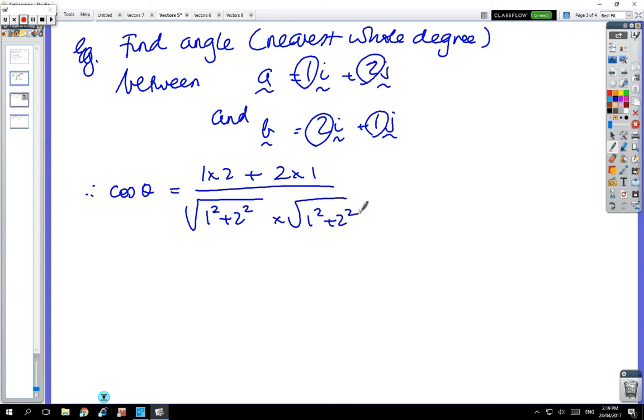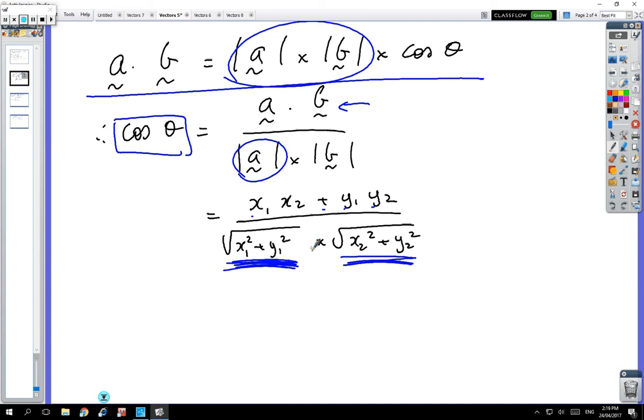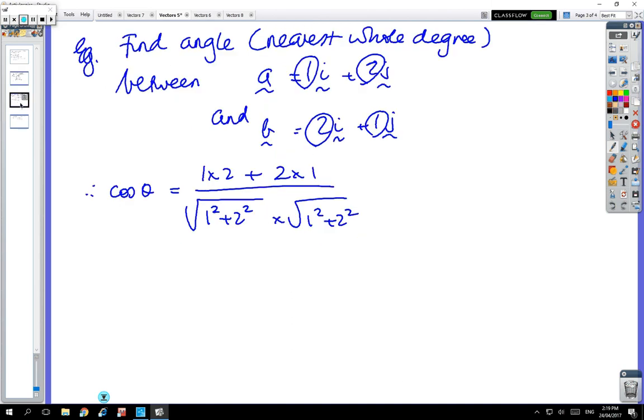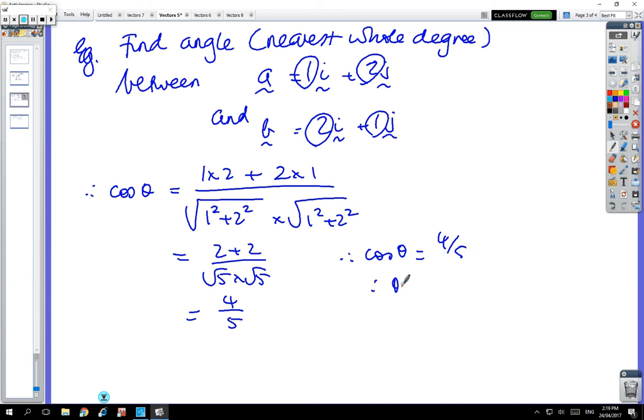Can I just make sure I got the formula right on the previous page? Yep, I had a multiplied sign in between. So I got 2 plus 2 over the square root of 5 times the square root of 5 equals 4 over 5. So cos theta equals 4/5, and theta equals cos minus 1 of 4/5. Make sure your calculator's on degree mode, and according to my calculator, you get 37 degrees.